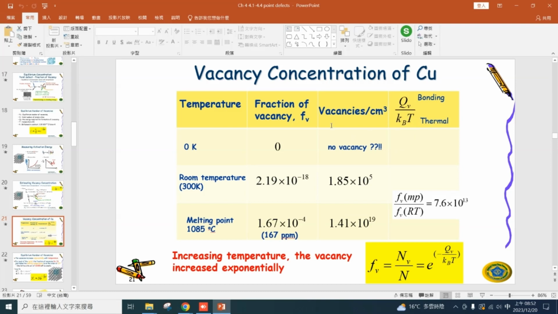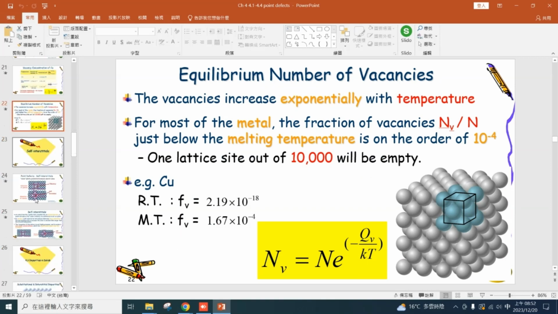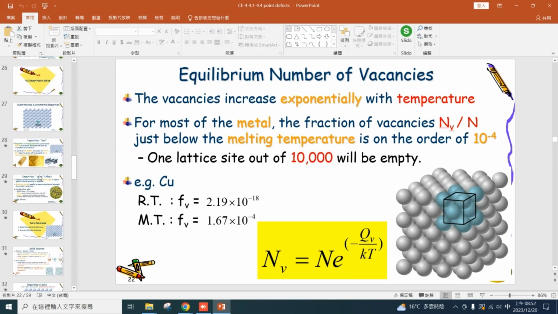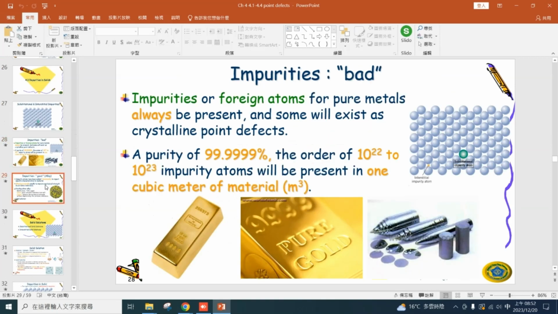Once again we increase the temperature higher and higher, we will have more vacancies in the copper metal. That means we lose many atoms, or atoms run away from the copper metal, right? So these are the important things for you to know.